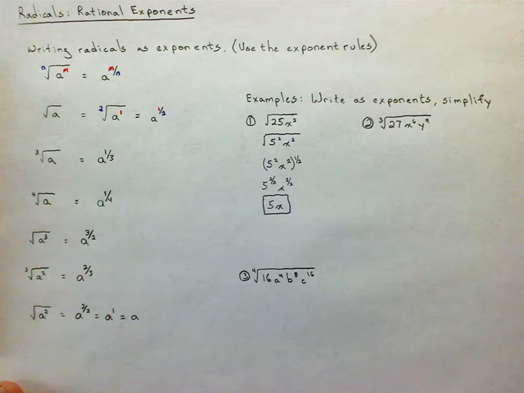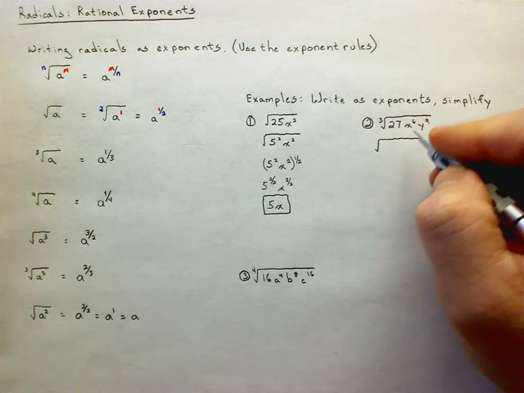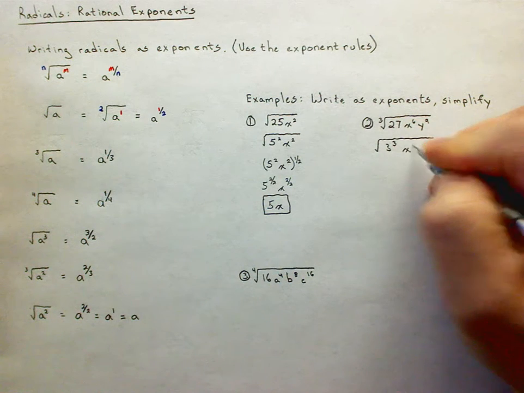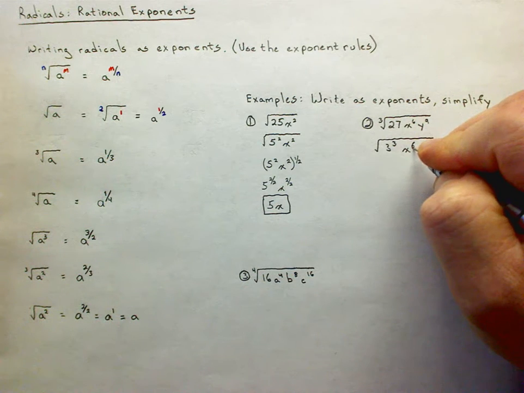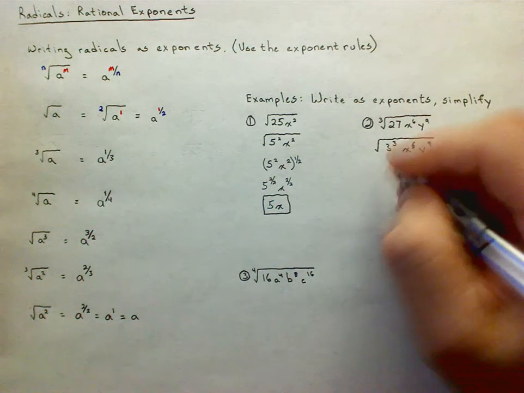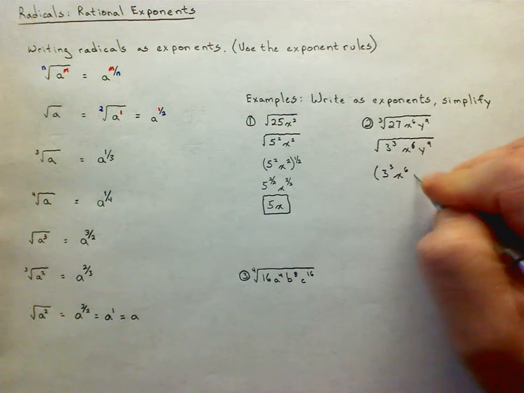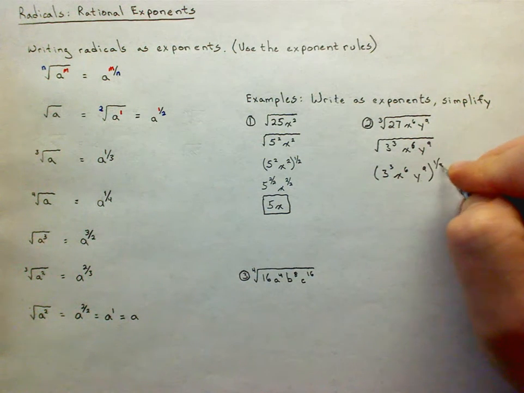What I would like for you to do is pause the video and work those. I know that 27 can be rewritten as 3 cubed. Then I will rewrite this to what power? 1/3 power.